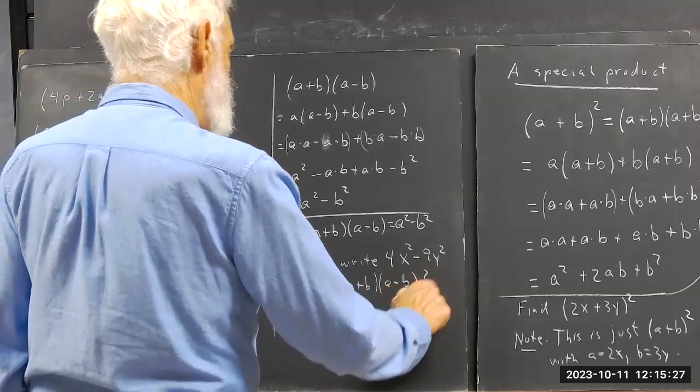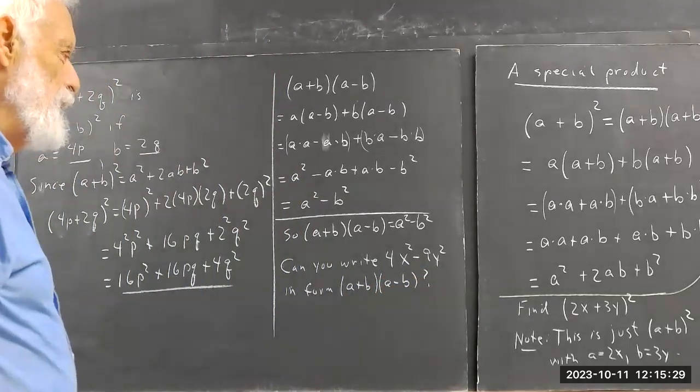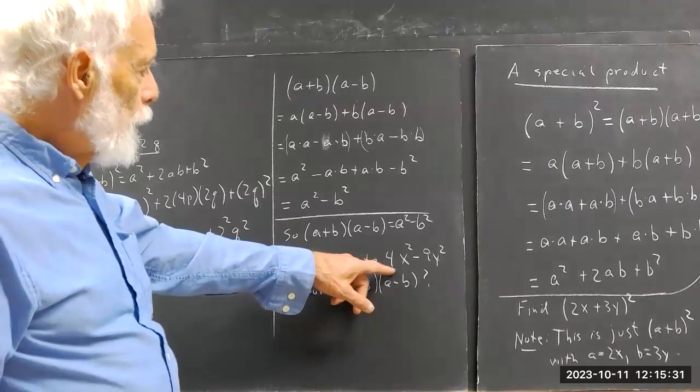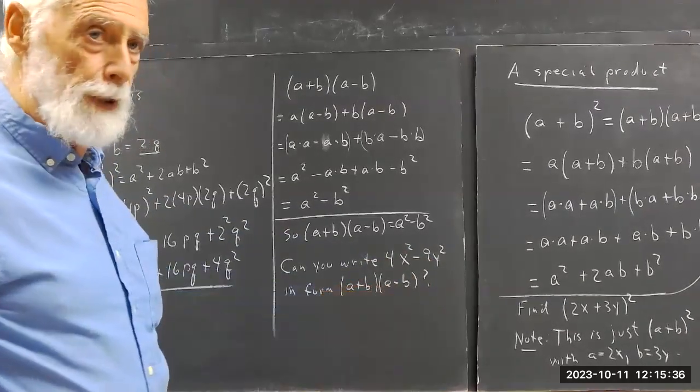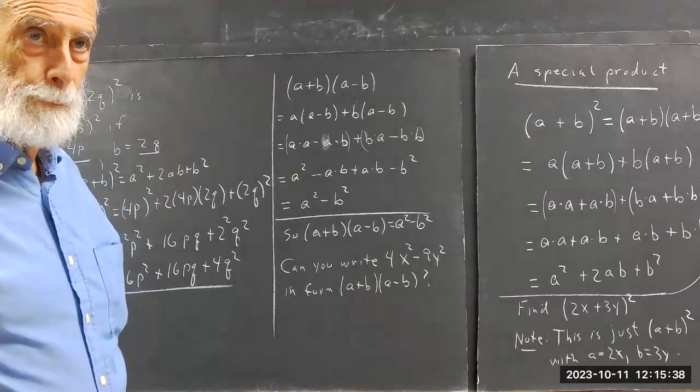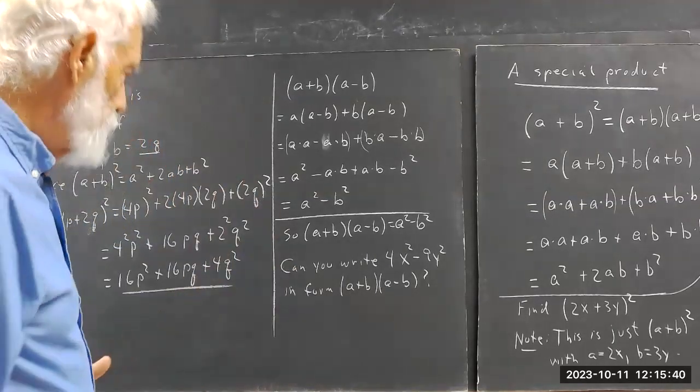The question is, can you write 4x squared minus 9y squared in the form a plus b times a minus b. And give you a start on this.